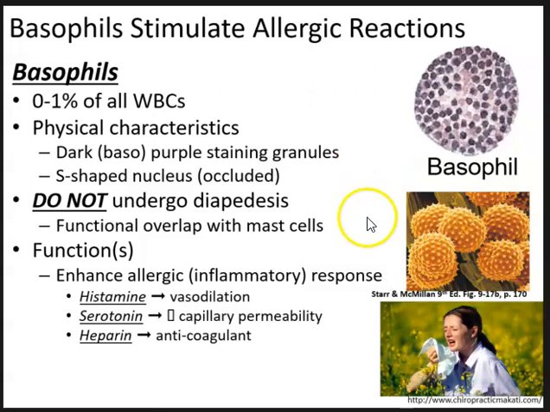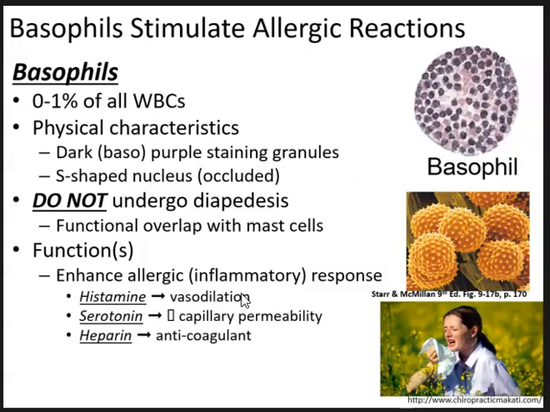So functions of basophils: they will enhance the allergic or inflammatory response. For example, the responses that are typical of an inflammatory response include heat, pain, or redness in color. So for example, basophils will release histamine. Histamine causes vasodilation, so blood vessels will dilate, providing a red color.